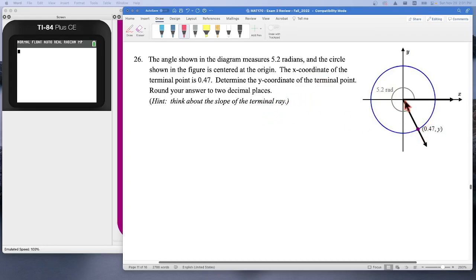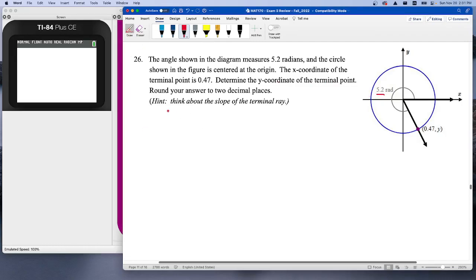First of all, we need to know what this radius is. We could assume it's a radius of 1, but we really can't because they don't tell us, and there's nothing that says that. So what we start off with is that we know the angle.